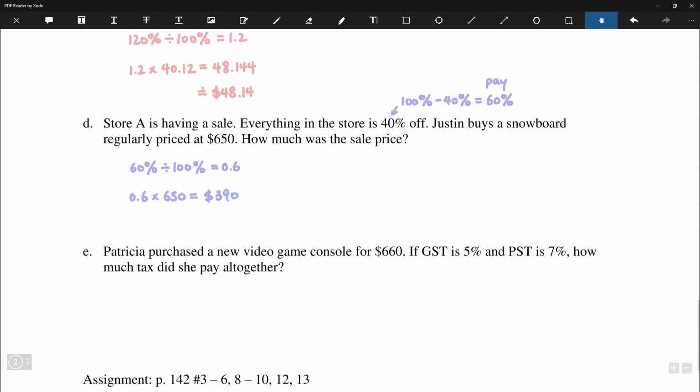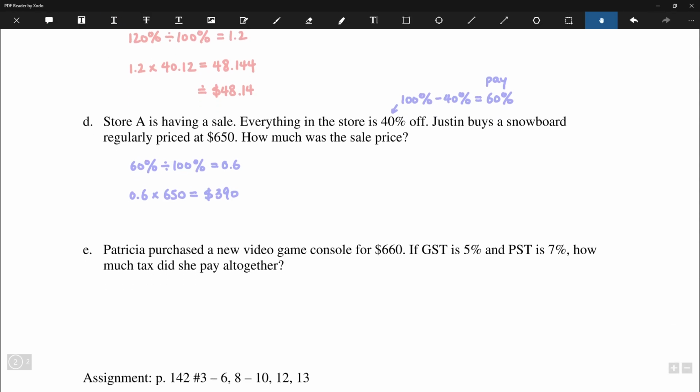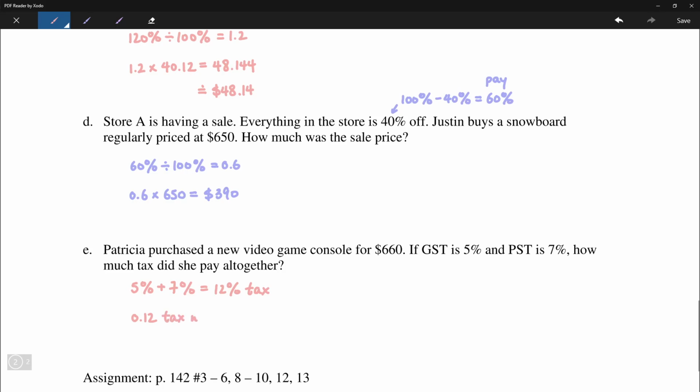So finally, a new video game console is worth $660, with 12% tax altogether. Okay, so 5% plus 7% is equal to 12% tax. So divide that by 100, we get 0.12 as the tax multiplier, so to speak.